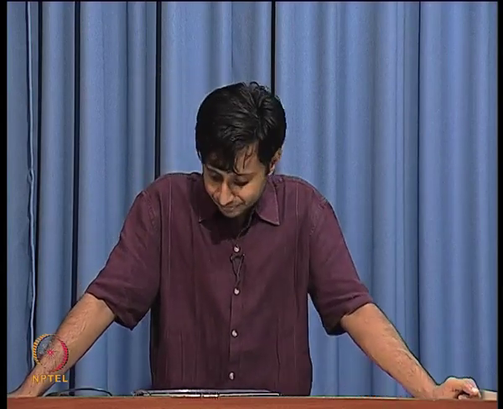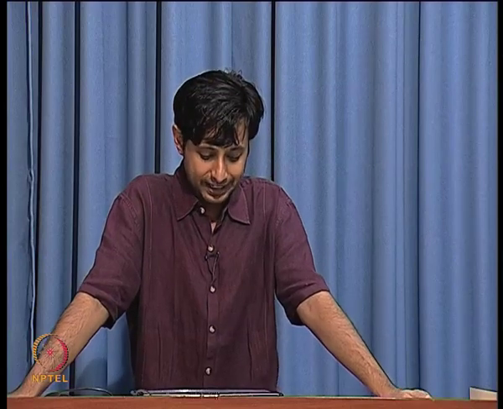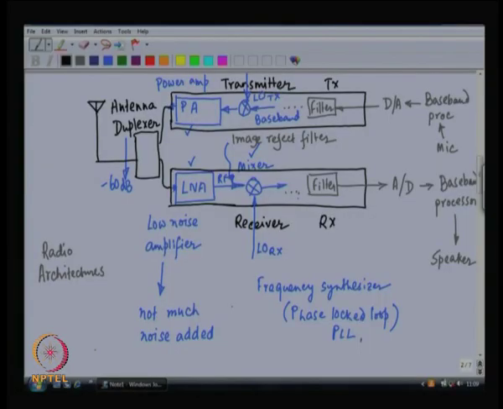Before that there is probably going to be a filter, before that D to A converter, baseband processor, maybe the signal is coming from a microphone. So, this is the transmit chain. Now, in this course we are going to discuss the power amplifier, the LNA, the mixer and techniques for frequency synthesis.